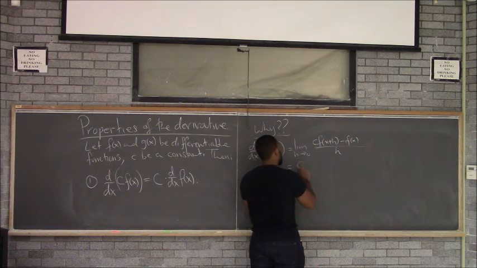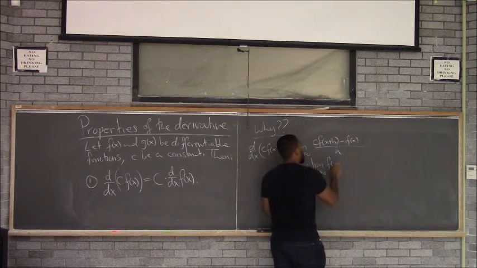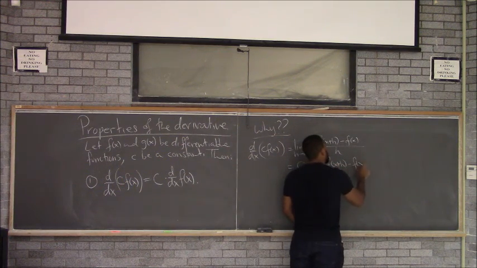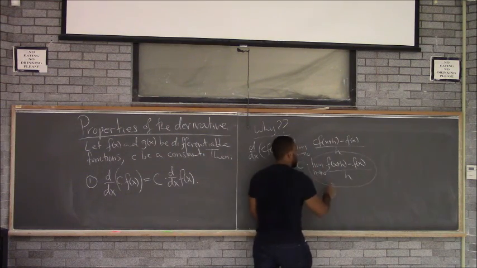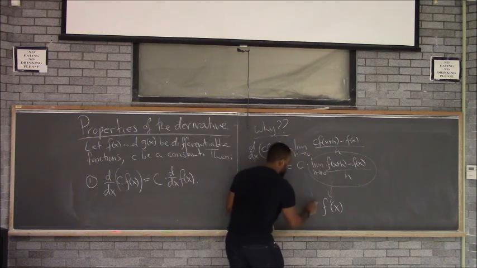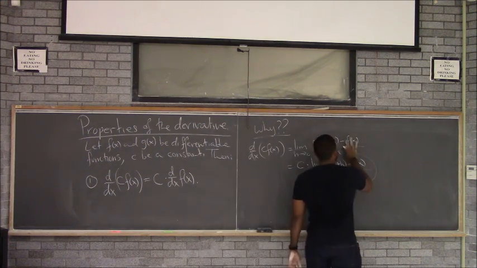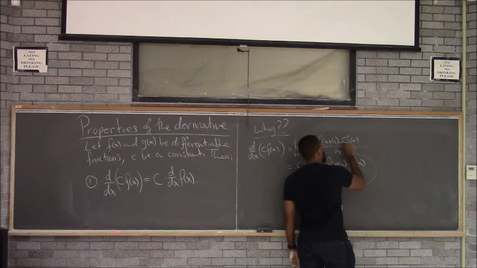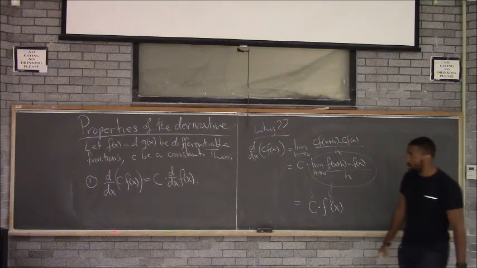So you can actually factor out the c and put it outside the limit. And then this guy here is just the derivative, and this guy is just the c that's standing there. So the derivative of a constant times a function is just the constant times the derivative of the function. This is a very important property.